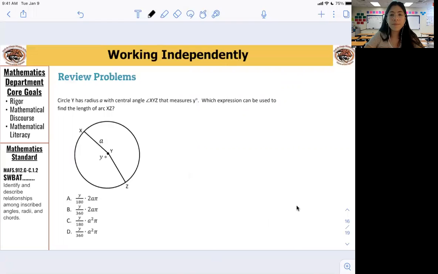Wait, why pick A? Doesn't it have to be like a denominator of 360? Yeah, so that's why I kind of wanted to go over this one because it's a little tricky. If you start it as a proportion, you would do y over 360 equals x over, and we're looking for the length.